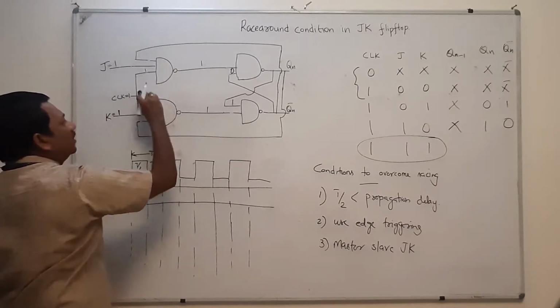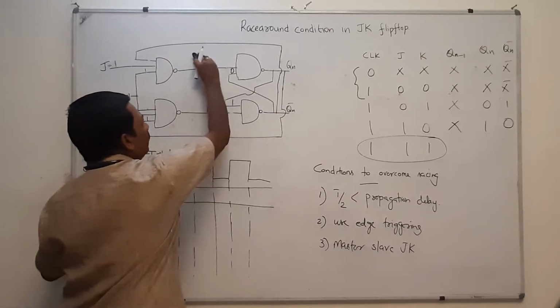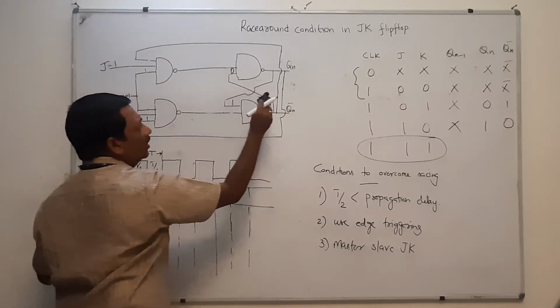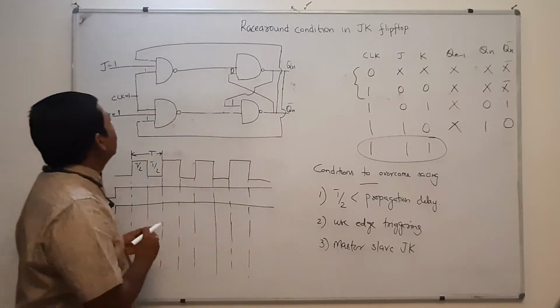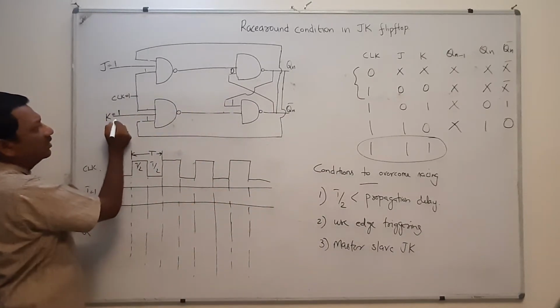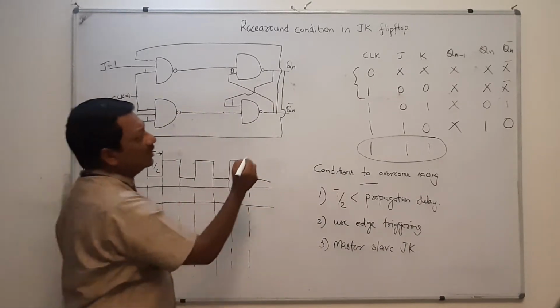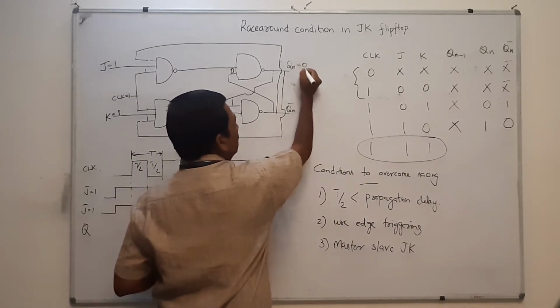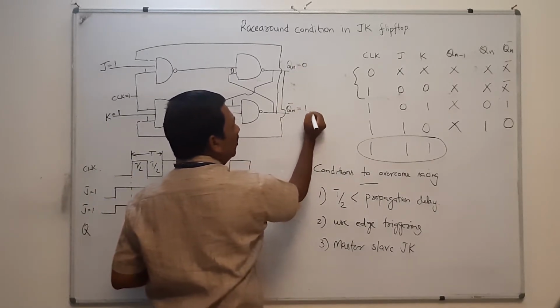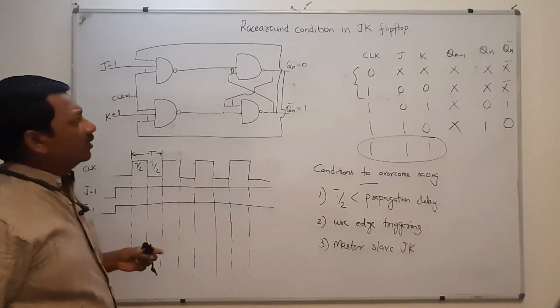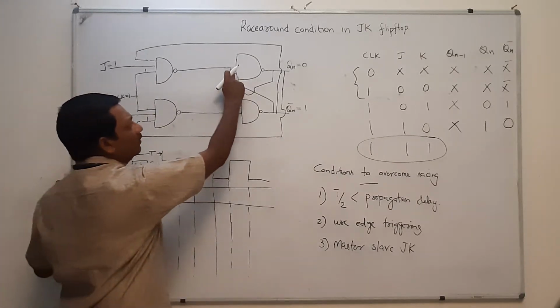And suppose that the initial values are J equal to 1, clock equal to 1, K equal to 1. And suppose that the initial value of Qn is 0 and the initial value of Qn bar is 1. Okay. Now what will happen?